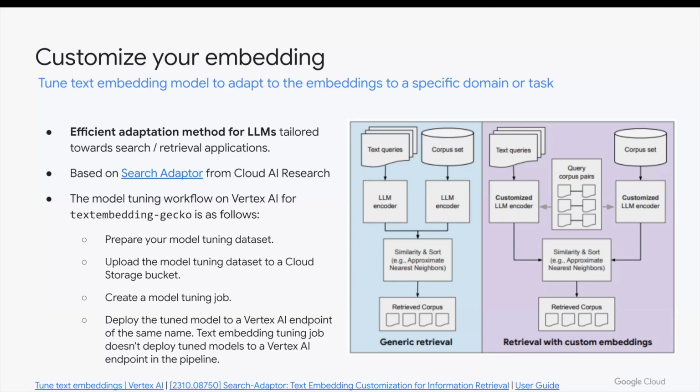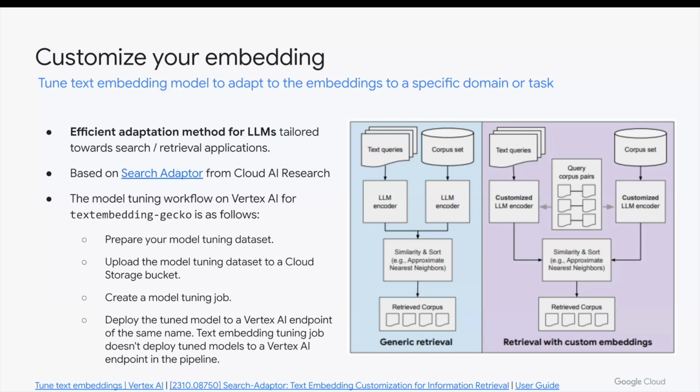But then what we do with customized embeddings is essentially we take each text query and then we take each part of the corpus and then we build out the query corpus pairs. And then based on that, we train a custom LLM encoder, which extracts the embeddings from your corpus and from your query. And then based on the query corpus pairs, we then train a custom adapter layer on top.